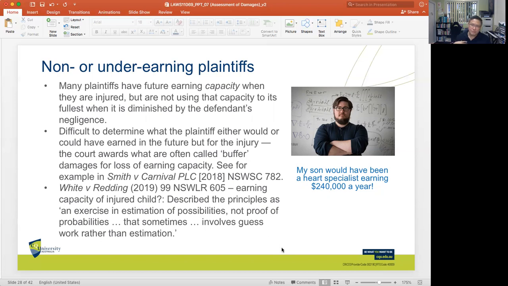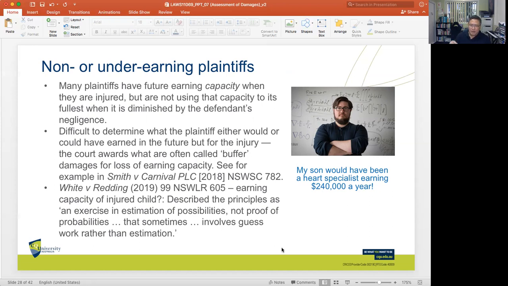So a parent, for example, would say, oh yes, my son isn't working right now, but he could have been a heart specialist earning $240,000 a year. In that case, what courts often do is award what is known as buffer damages for loss of earning capacity.